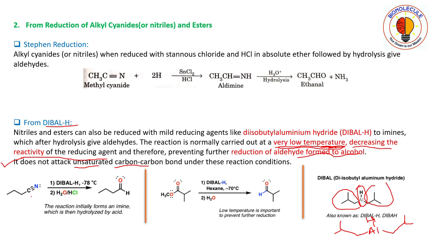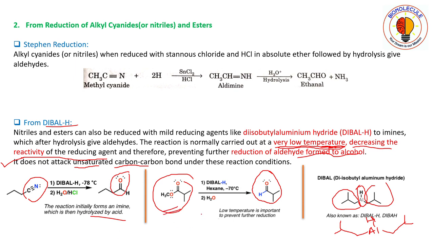So here you see this one is a nitrile. You are giving DIBAL-H here at a very negative temperature, so you end up with an aldehyde. The reaction initially forms an imine, which is then hydrolyzed by acid. Here you see that this one turns to this aldehyde. This one is an ester group.